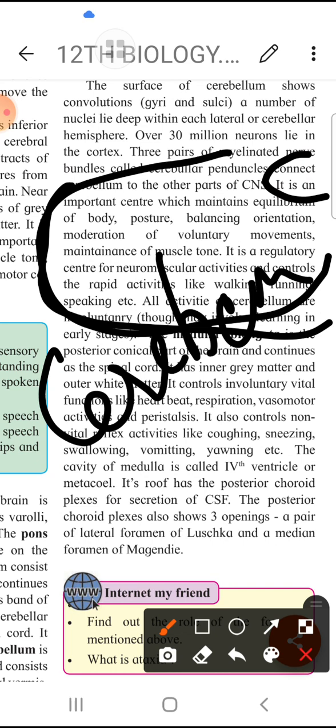Let's read. It says, so you can count. नीचे से count करो? 1, 2, 3, 4, 5, 6, 7. Seventh line.